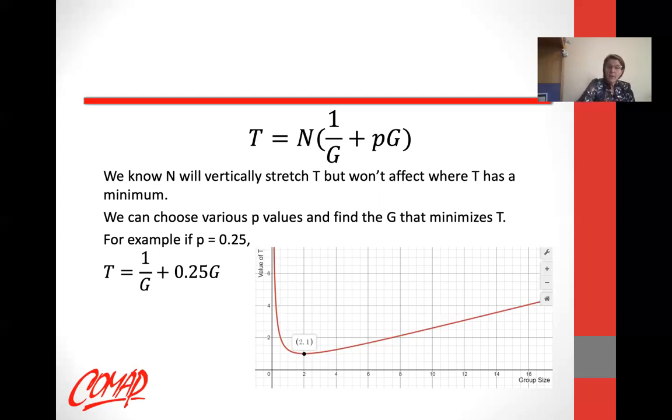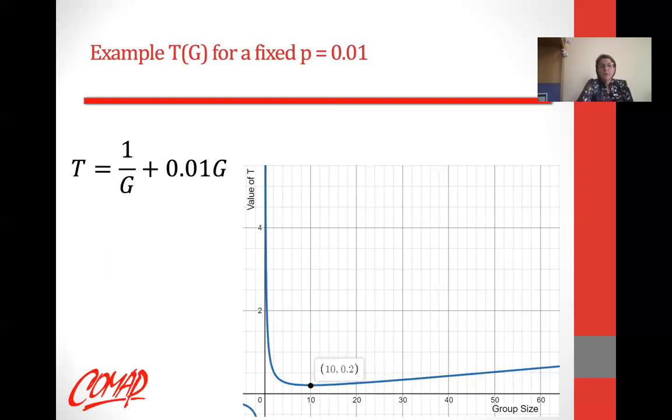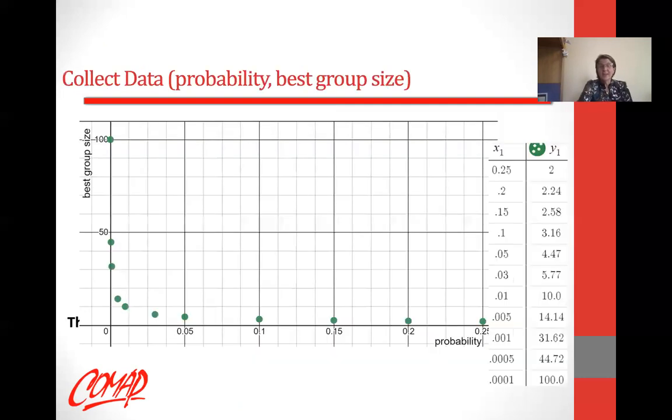For example, the optimal group size is 2 if the probability is 0.25 for this particular case. Here's a different one: if the probability is much smaller, 0.01, the optimal group size is 10. So now we can collect a data set and see the optimal group size based on the probability of someone testing positive. And this is really great.